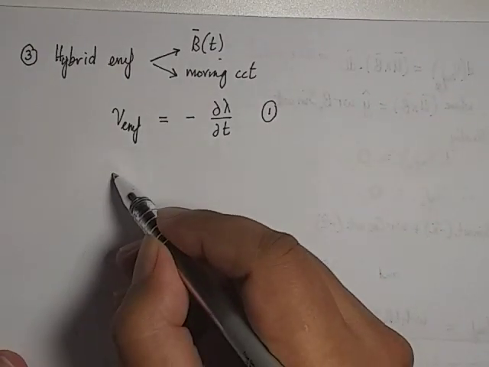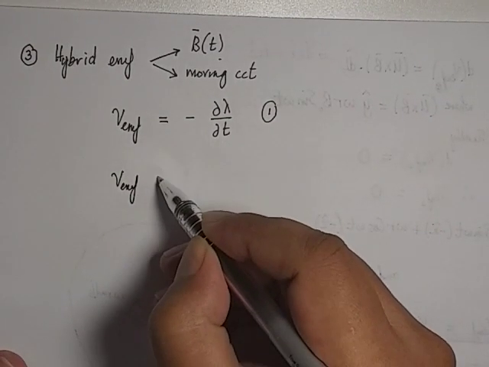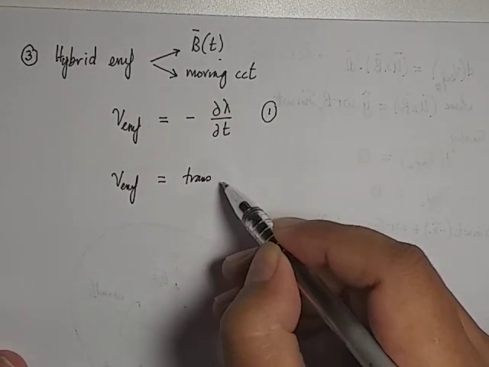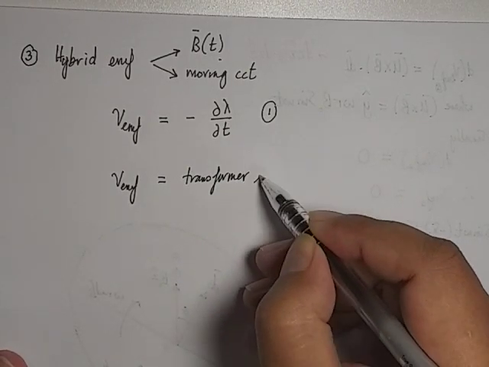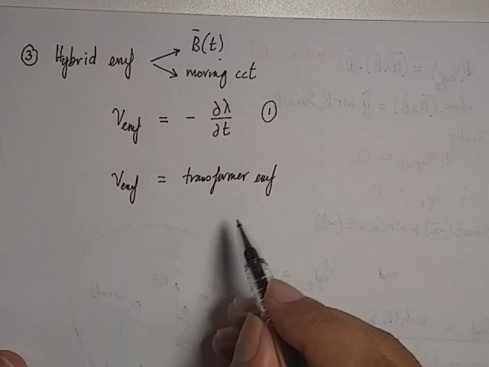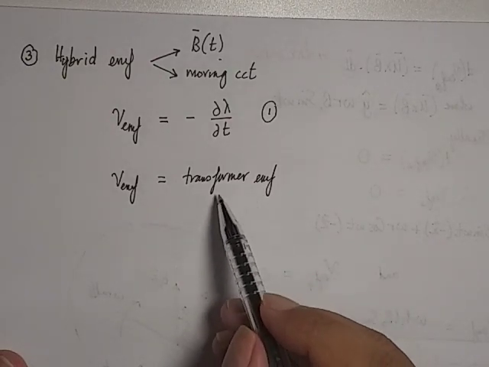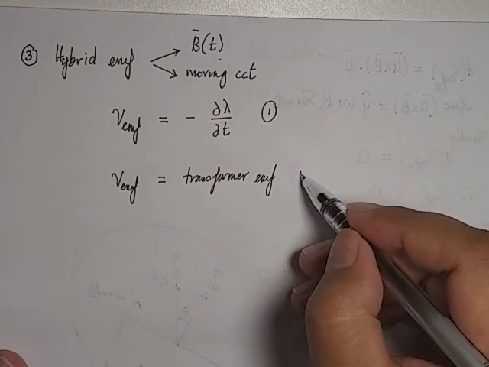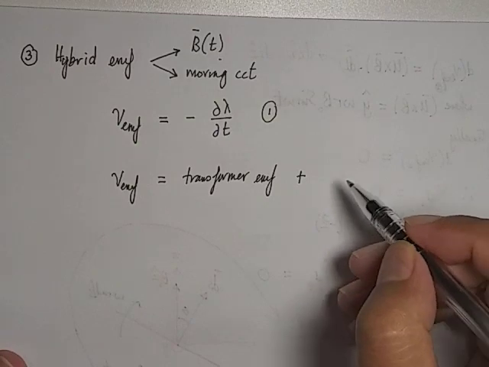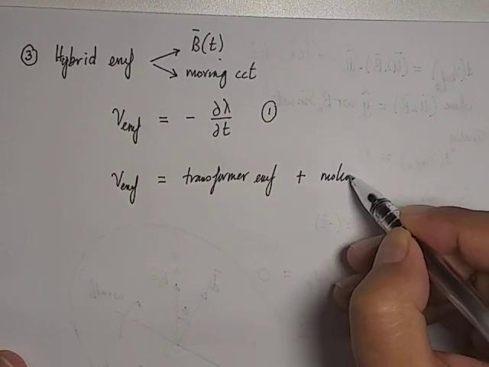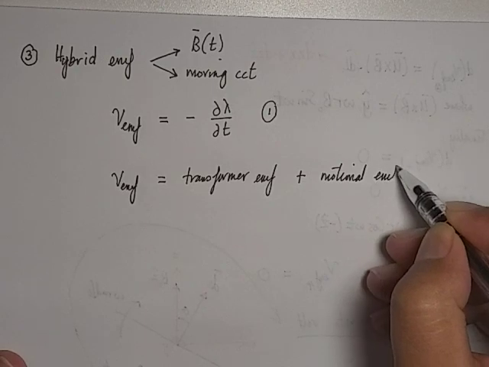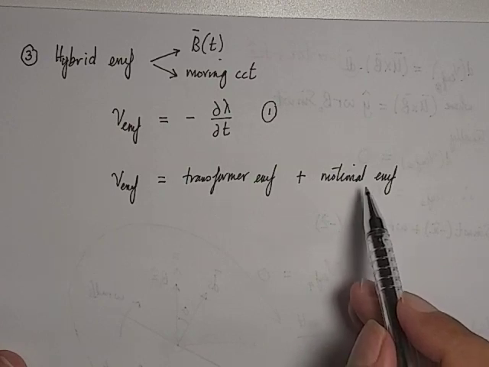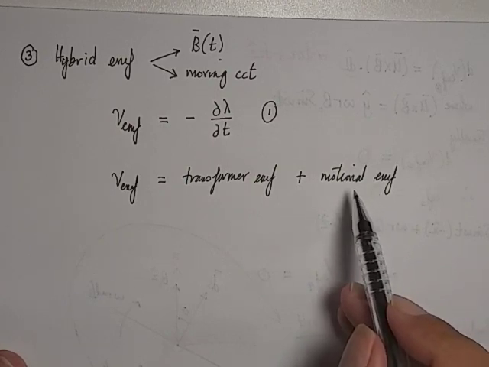Or you can divide the EMF into transformer EMF, where you assume that B is changing with time and the circuit remains stationary, and then add the second condition, motional EMF, where you assume constant B with respect to time but the circuit is moving.